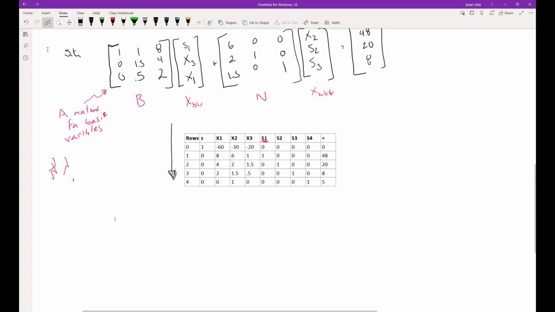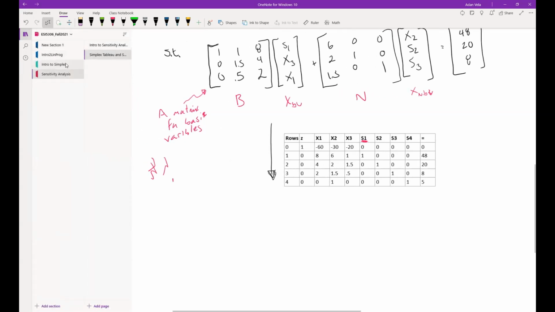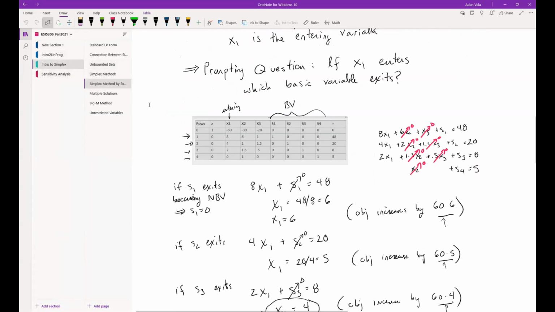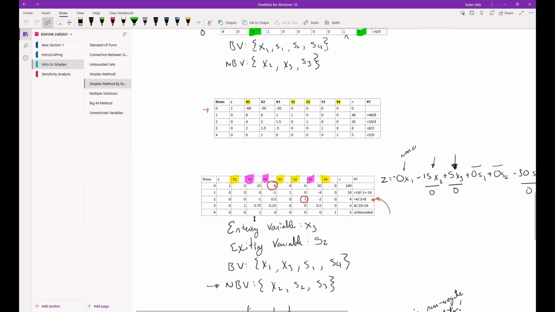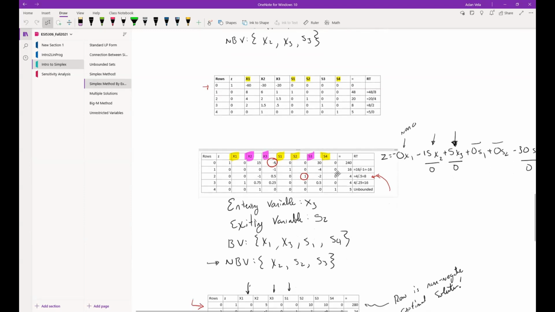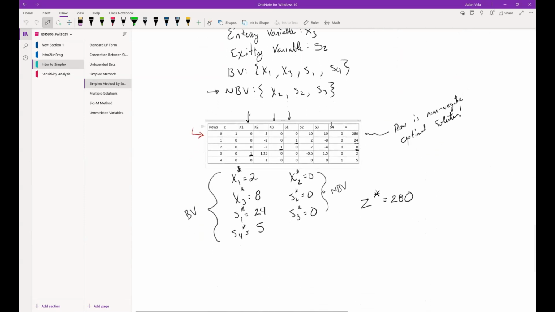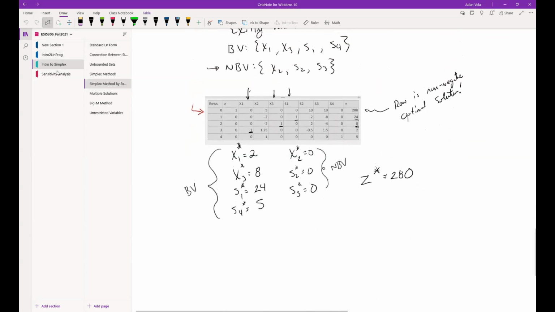That doesn't make sense. I need to get the very last one. X1, X3. There we go. This is what we wanted. My apologies. So this is the final table.